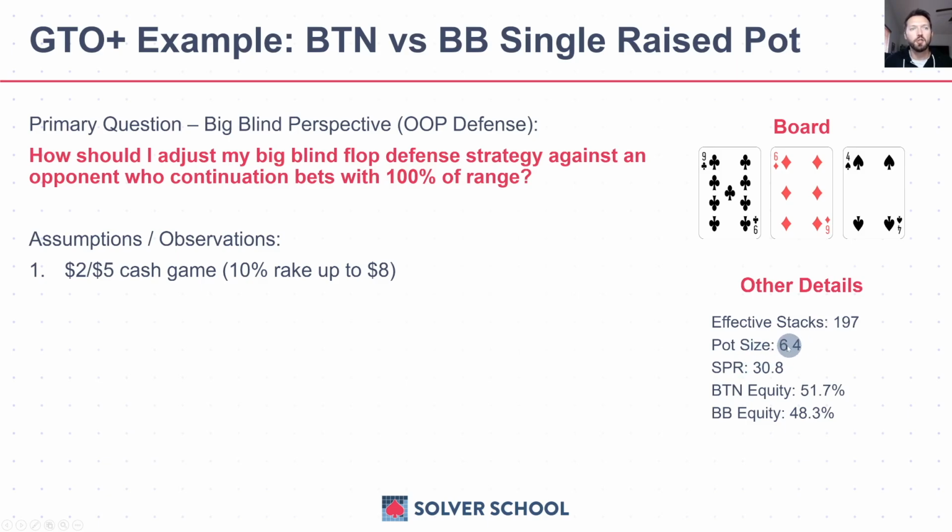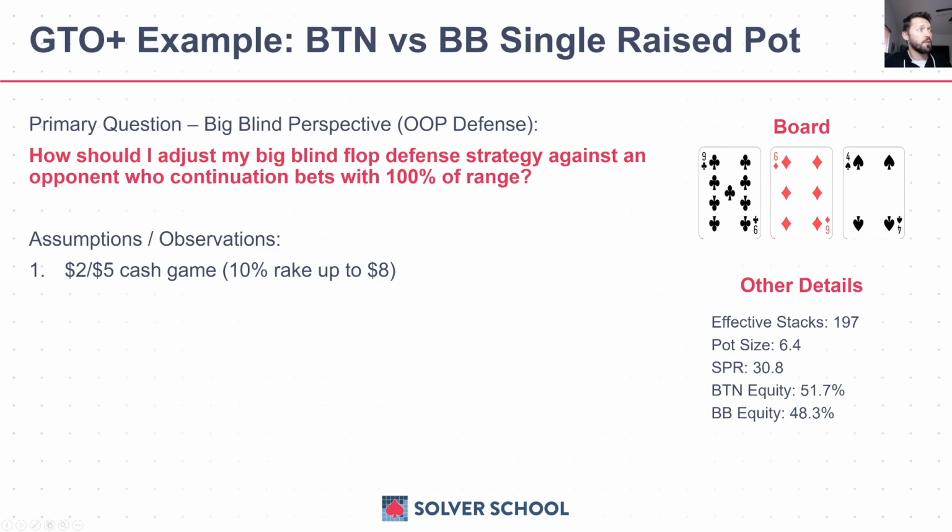So our pot size actually goes down slightly to 6.4 big blinds, and that bumps our SPR up slightly to 30.8. So just noting that in our solves, it's not going to make a massive difference in the output, but it's something that we want to note, and we want to make sure that we're accurate with the way in which we're modeling this particular hand.